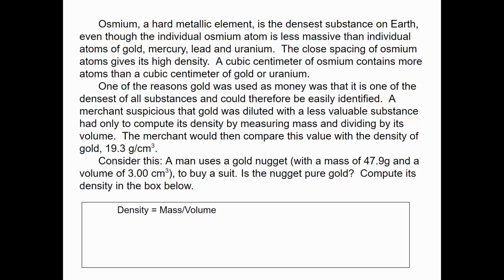The person could look at that gold nugget, find its mass on a balance, say it's 47.9 grams, and find its volume with the graduated cylinder. So you tell me, is that actually gold? Figure it out on the bottom of your page. You've got all the information you need.